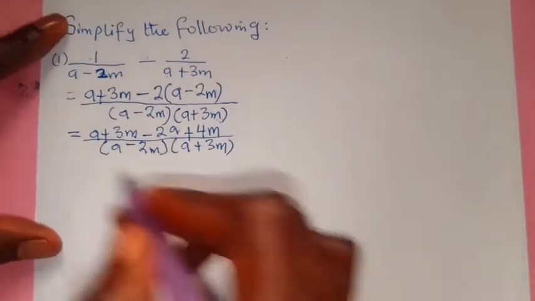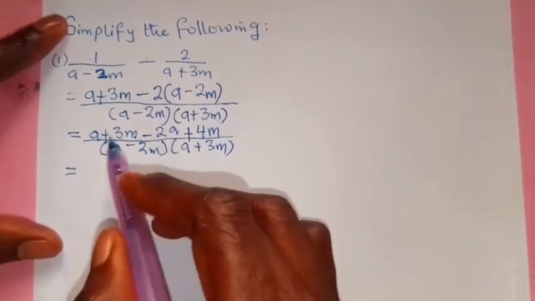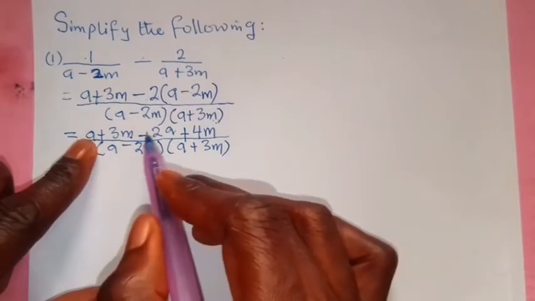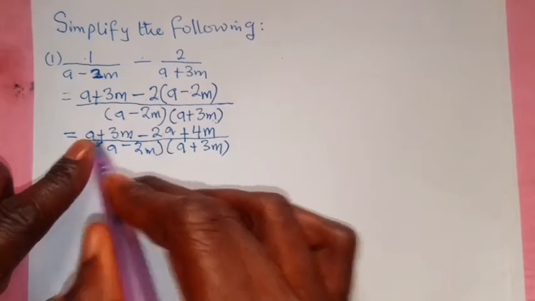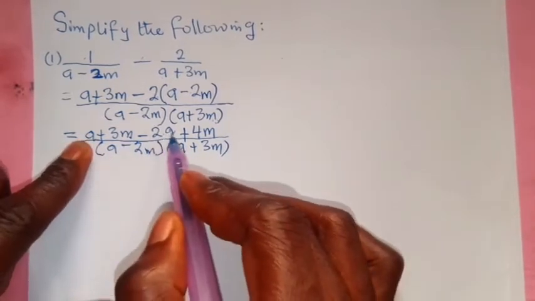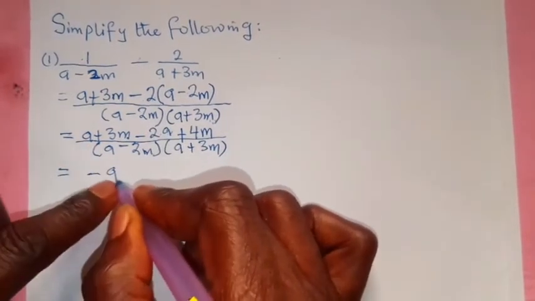In the next step, we are going to show how to simplify this. If you check here, at the numerator we have a, and then we have minus 2a. So a minus 2a, that is 1a minus 2a, will give us minus a.